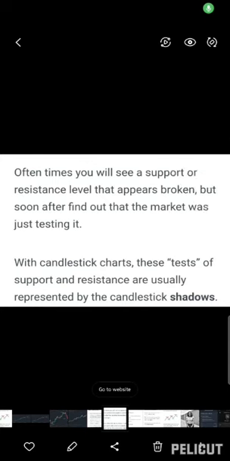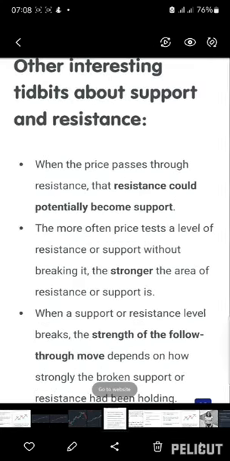So in summary, it's important to know that with candlestick charts, the tests of support and resistance are usually represented by the candlestick shadows that I told you about. The most important things that you should note is that when the price passes through resistance, that resistance could potentially become support.